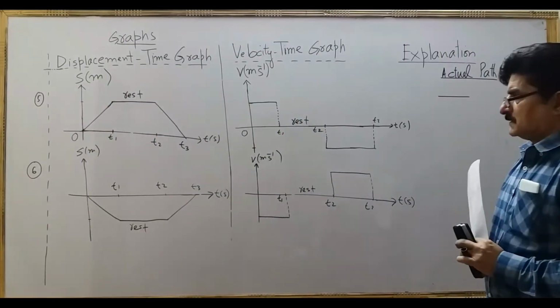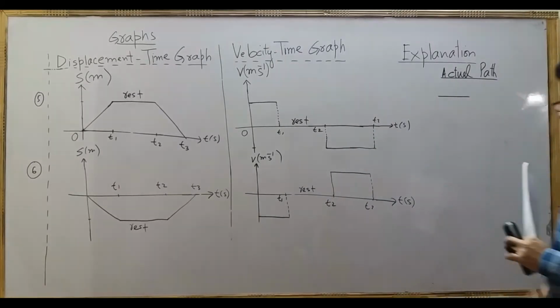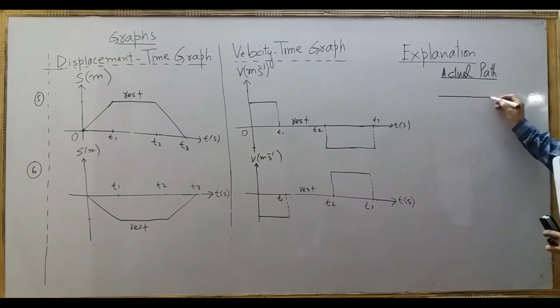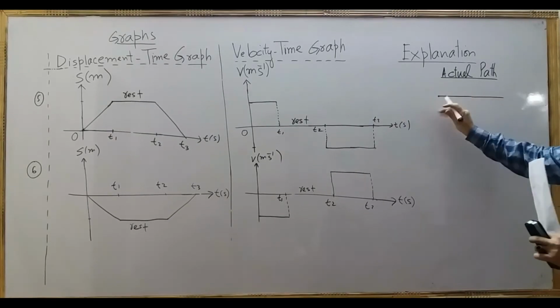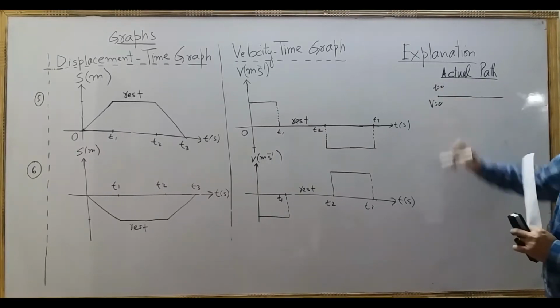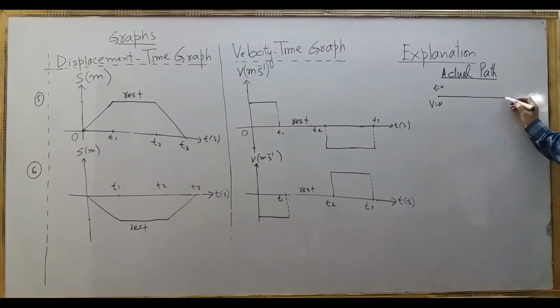Then there is rest. The body stops. If you see the actual path, the body is moving from some fixed point. Here t is 0, v is 0. Now after time t1 it stops, so it takes a turn over here, and there is rest time.